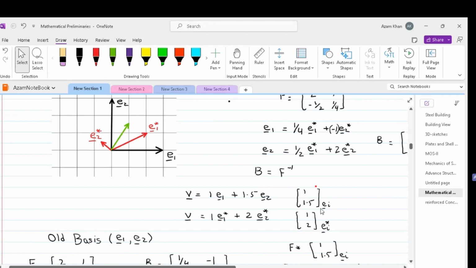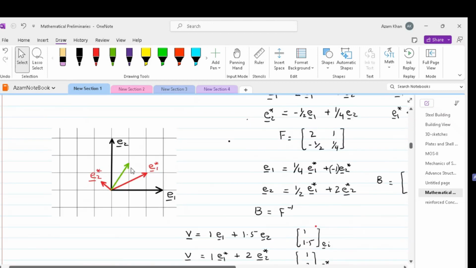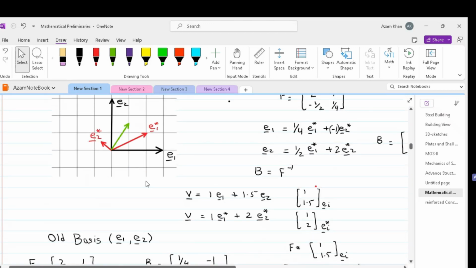So (1, 1.5) is the vector in the Ei basis. We can define the same V in our new basis, which is the E1 star, E2 star basis. And that is 1 times E1 star plus 2 times E2 star. So in the Ei star basis, our vector V has components 1 and 2.